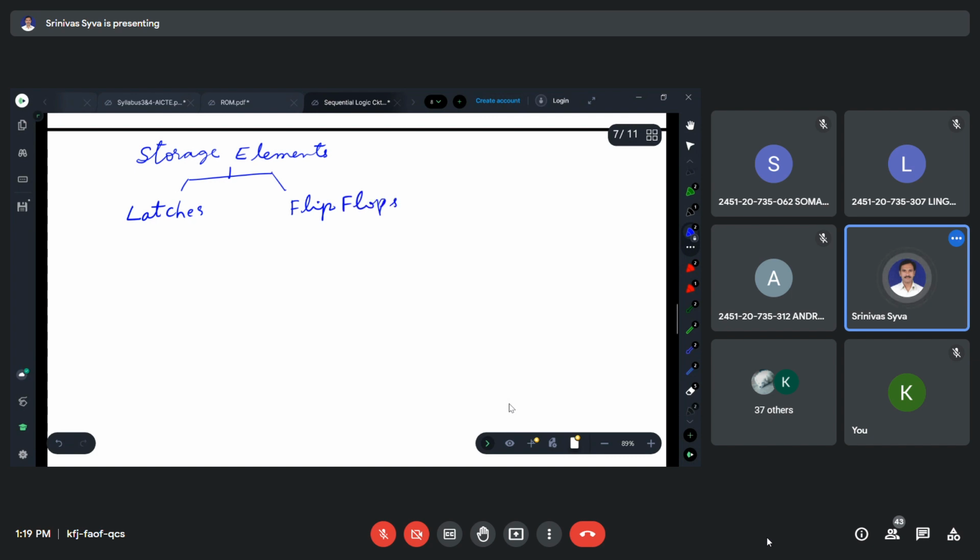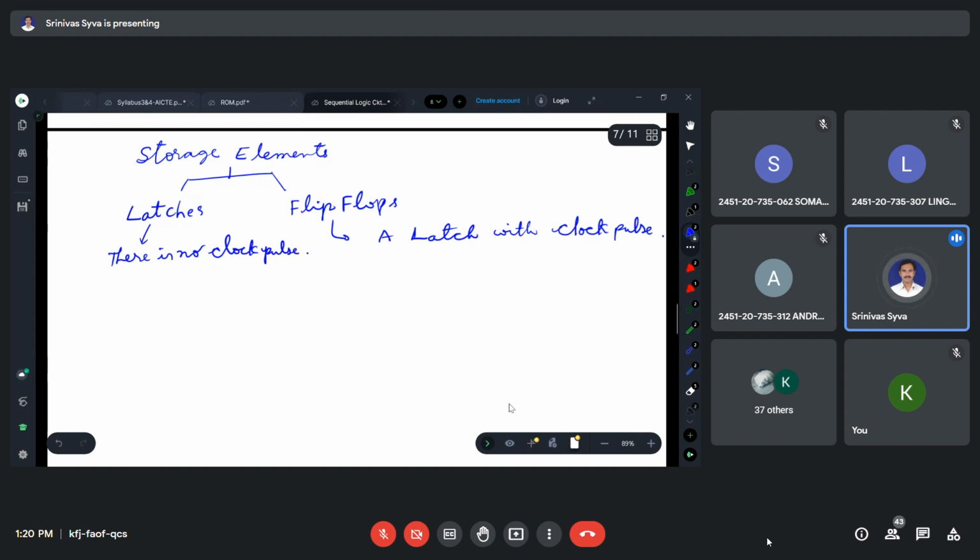These two are actually memory elements, but a flip-flop is nothing but a latch with a clock pulse, whereas in a latch there is no clock pulse.